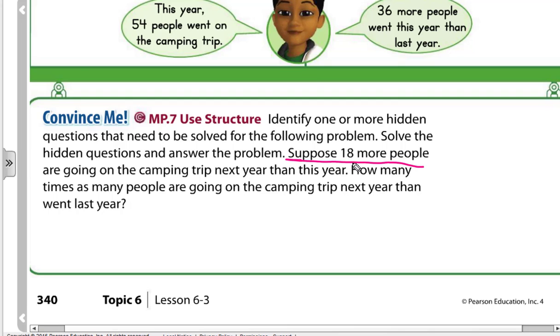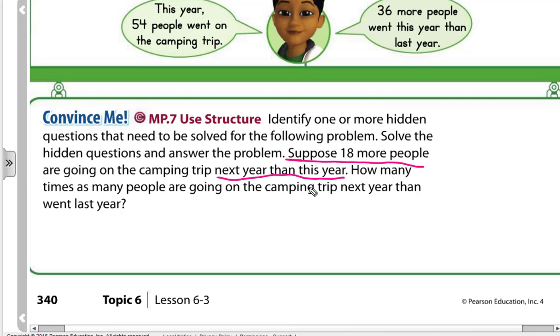Suppose 18 more people are going on the camping trip next year than this year. How many times as many people are going on the camping trip next year than went last year?